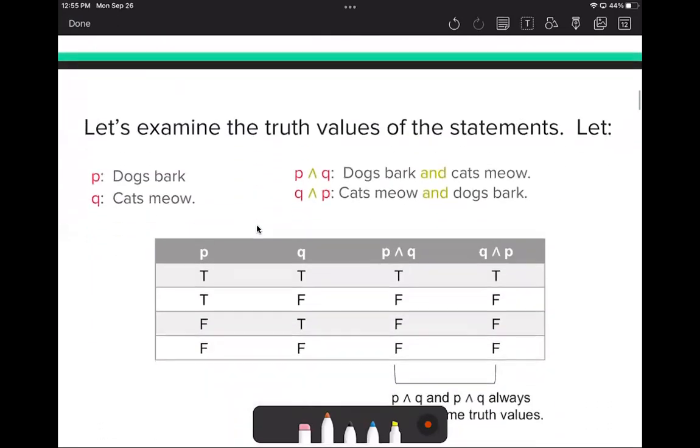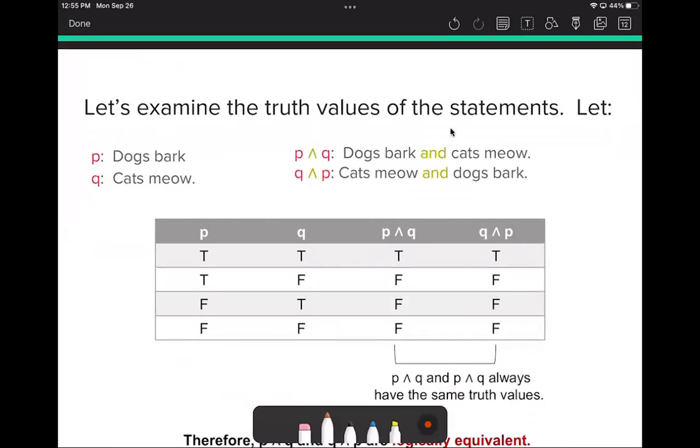And now let's examine the truth values of the statements. So let's say P is dogs bark, Q is cats meow, and P and Q is dogs bark and cats meow, and Q and P will be cats meow and dogs bark.